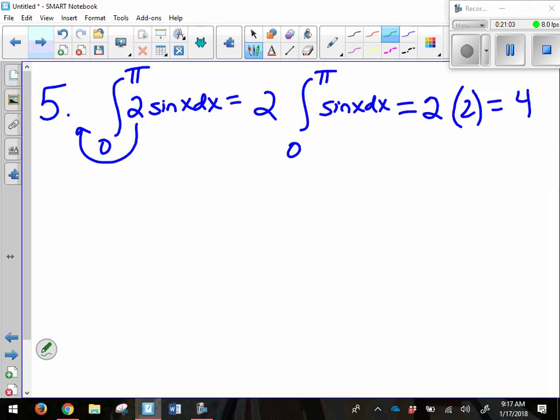All right. Number 6 gets nasty. So number 6 is the integral from 2 to pi plus 2 of the sine of x minus 2 dx.